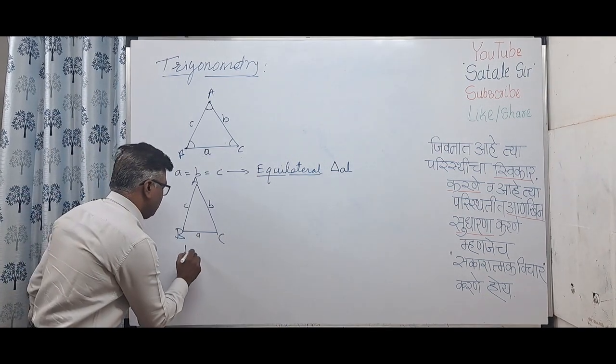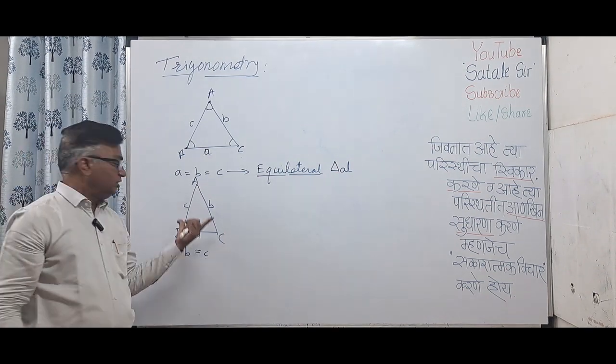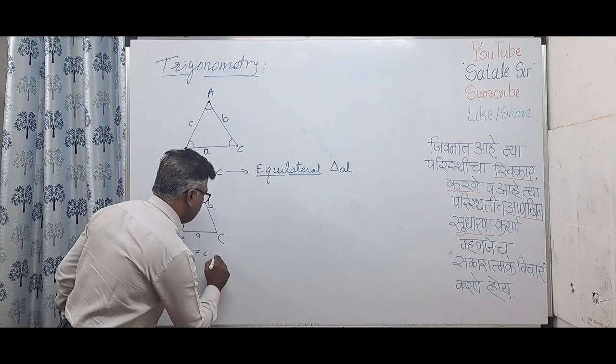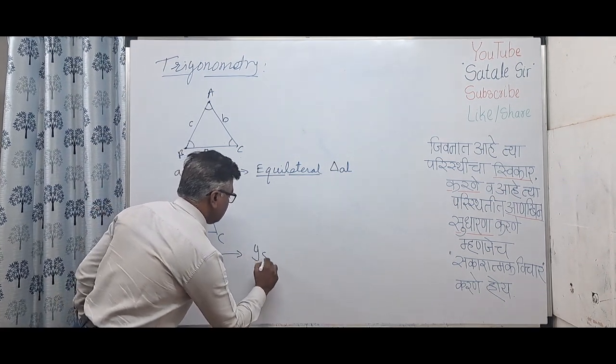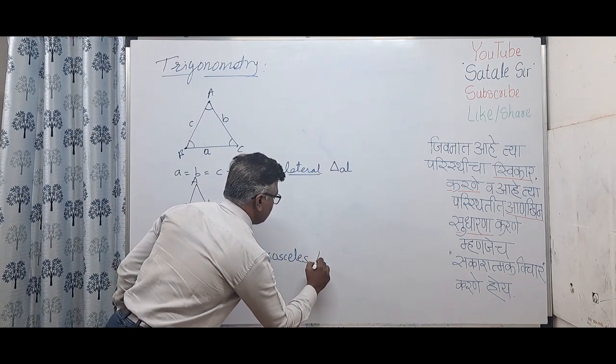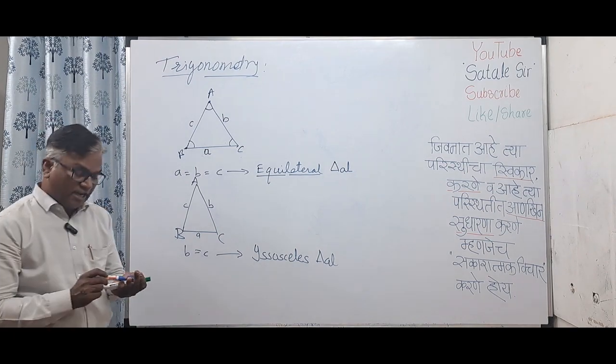So here we have b is equal to c. That means two sides of the triangle are the same. In that case, this kind of triangle is called an isosceles triangle.